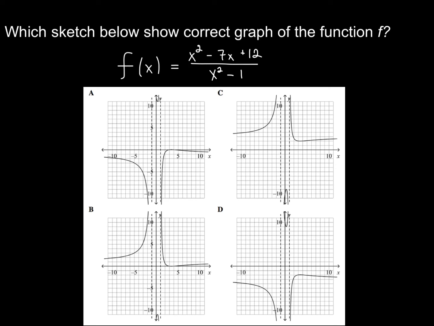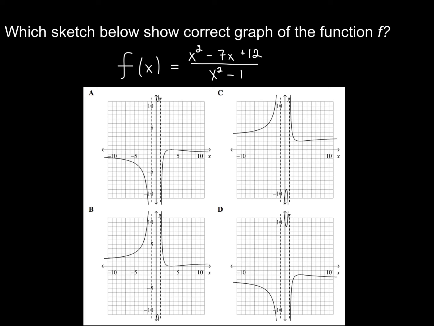The goal here is to determine which sketch is the correct graphical representation of this function. Use the characteristics that we've been finding earlier in this lesson and previously, and mark those characteristics down on these graphs and see if they fit or do not fit.